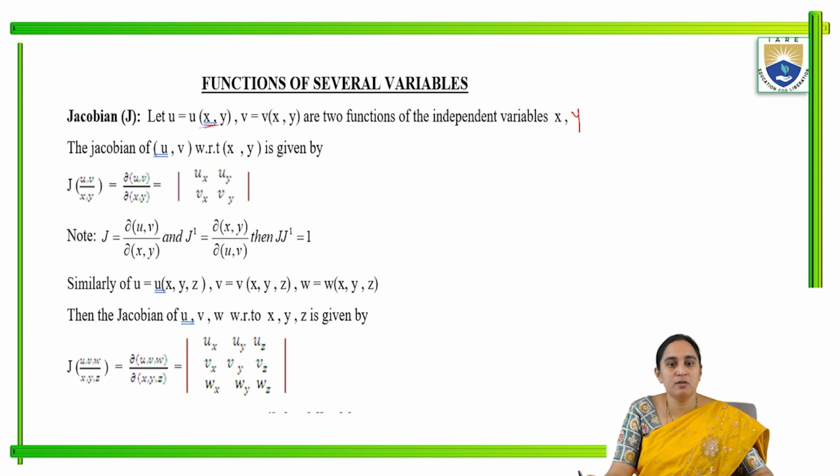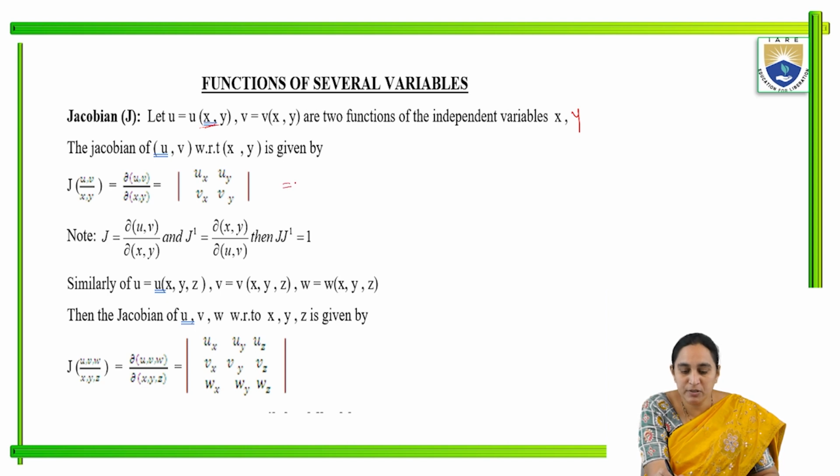Then the Jacobian of u, v with respect to x, y is given by J of u, v by x, y is equal to dou of u, v by dou of x, y is equal to the determinant of u x, u y, v x, v y.